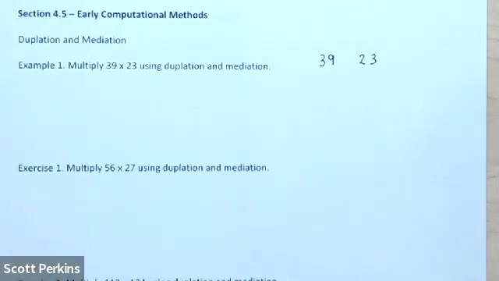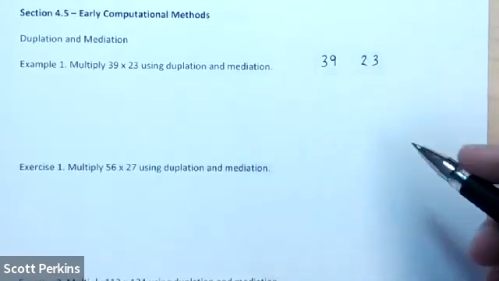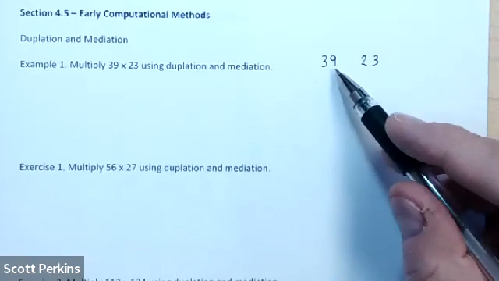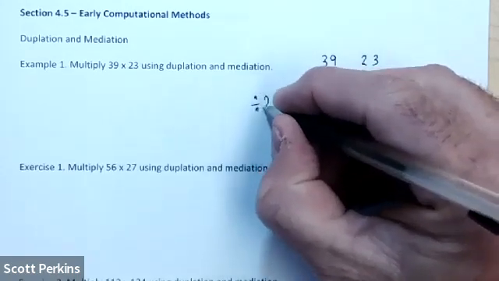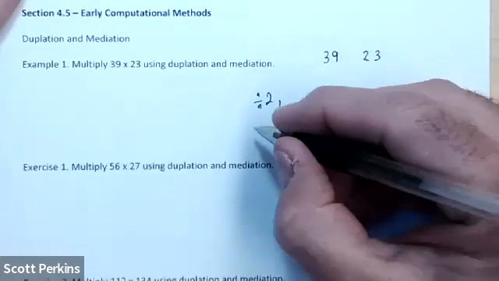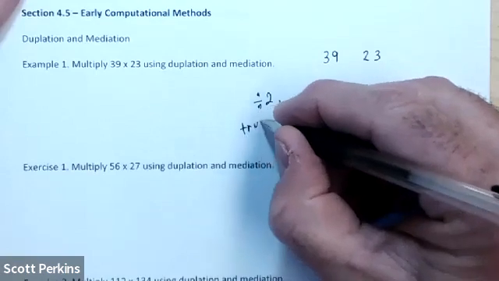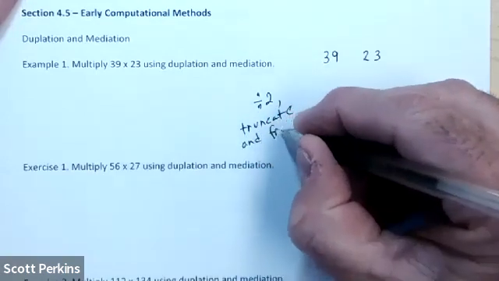On the left column, that's going to be our duplication column. What that means is that with this number 39, we're going to successively divide it by 2, and then drop any remainder or any decimal. I don't care about any fractional parts. So we're going to divide by 2 and truncate any fraction.